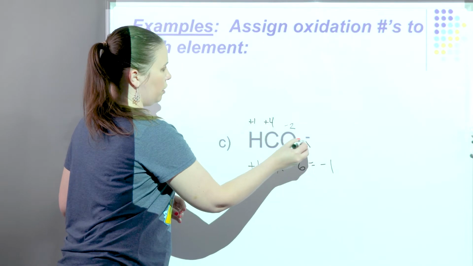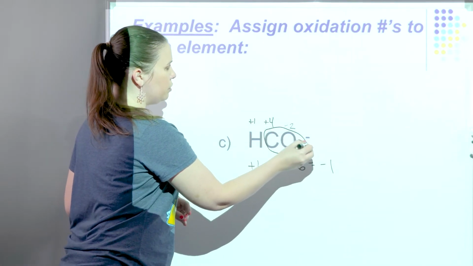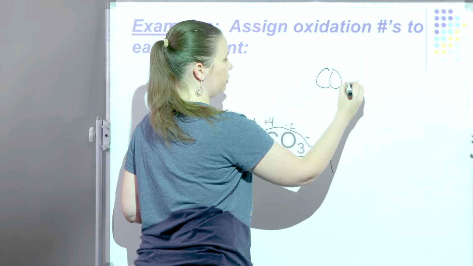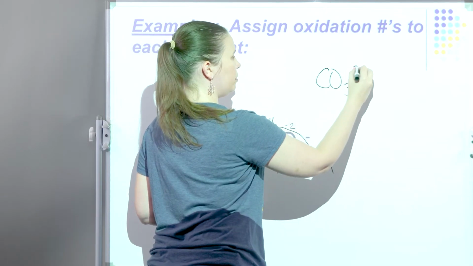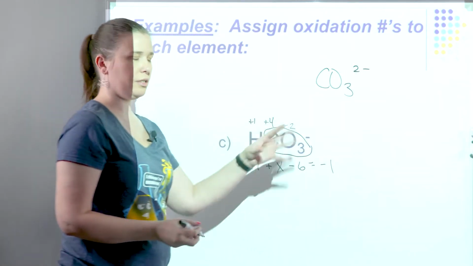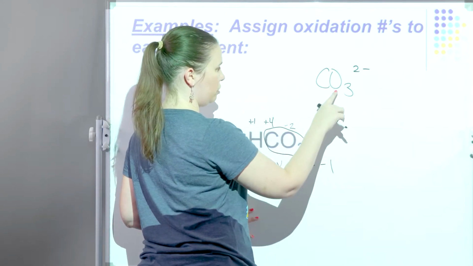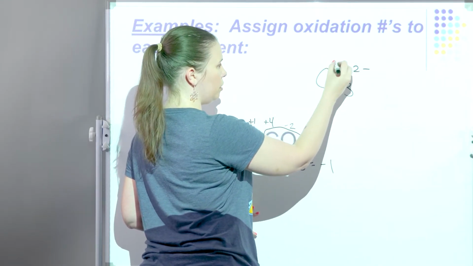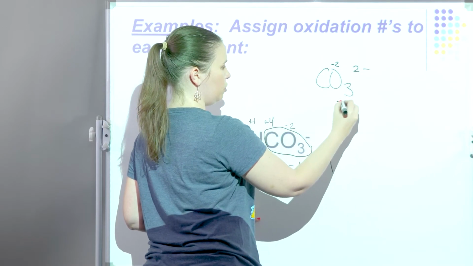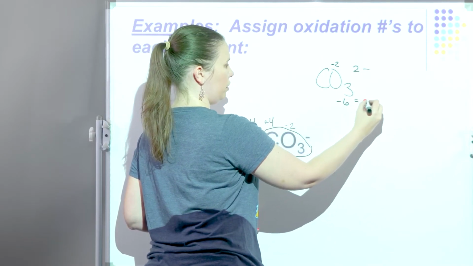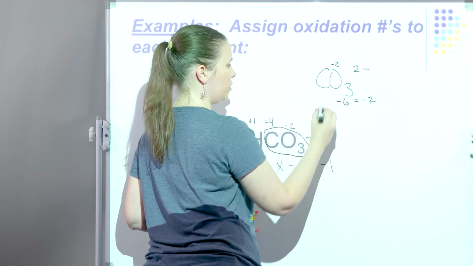But let me show you something else. We do have this polyatomic ion here, right? CO3. And carbonate actually had a 2- charge when it's on its own. So let's see if we get the same oxidation numbers. Oxygen would be a -2, 3 times, so -6 total. And I want my total oxidation state to be -2.